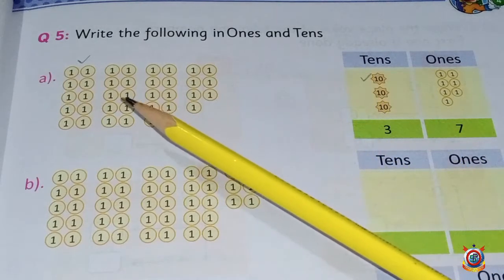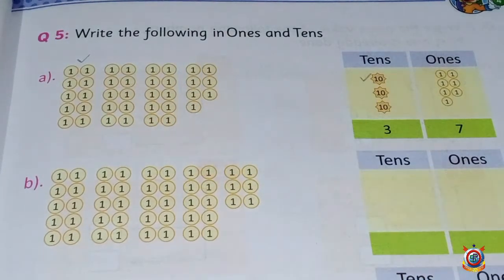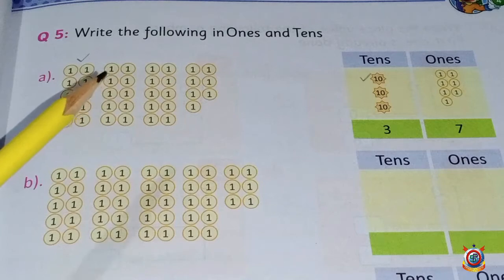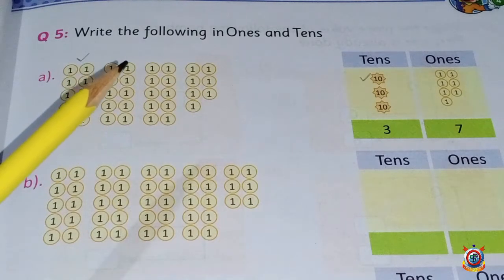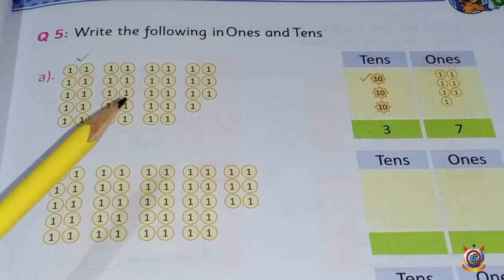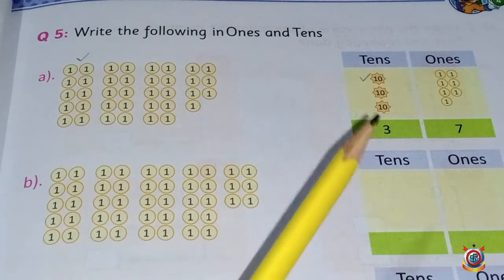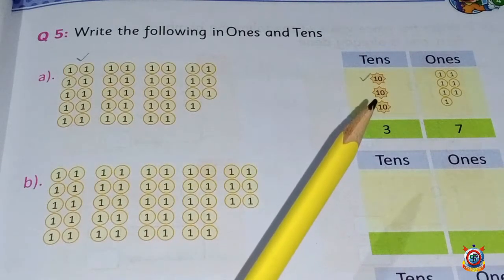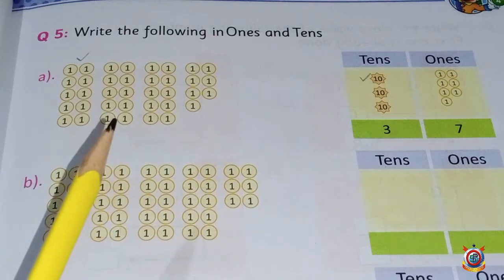Now another pair of 10 ones. Count them, students. 1 2 3 4 5 6 7 8 9 10. A pair of 10 ones makes one single 10, so we will put another tick over there.